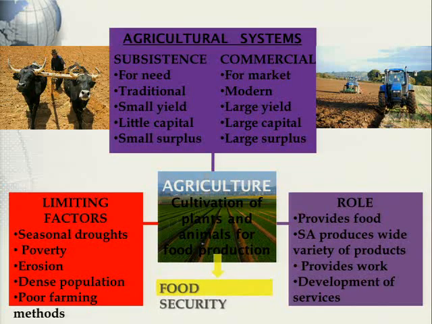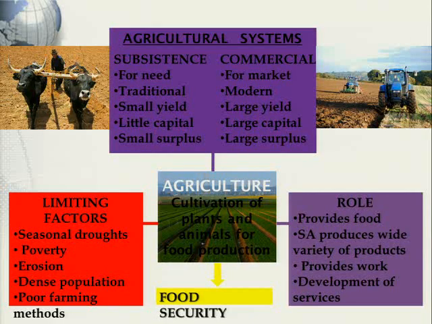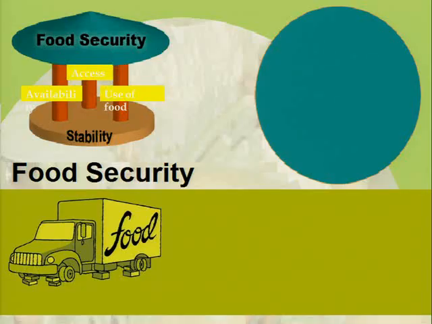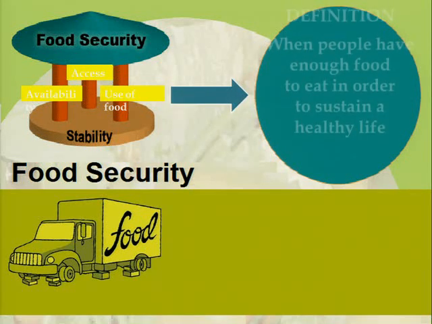If we have low agricultural productivity, obviously we are going to have a shortage of food. Now it brings us to a concept, food security. Now let's look at the concept food security. What is food security? Let's try and define the concept.